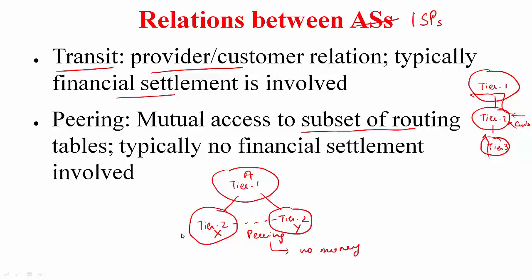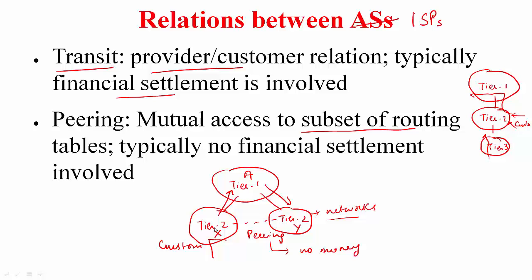For example, let's say the customers of tier 2 X have traffic destined to networks that are being served by Y. Now if this peering relation wasn't there, this traffic would have gone to tier 1, which in turn would have sent the traffic to tier 2 Y to these particular networks.